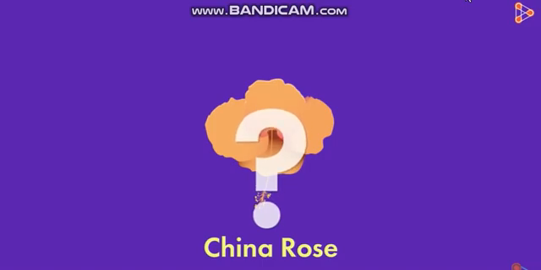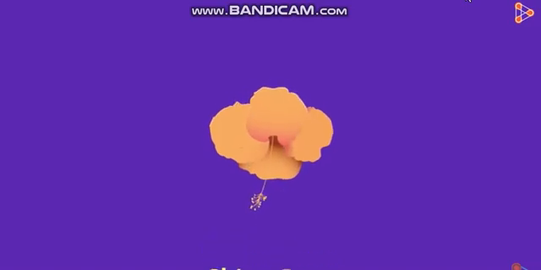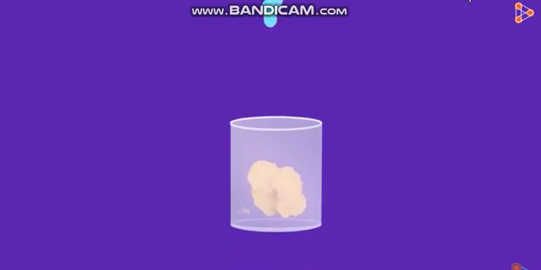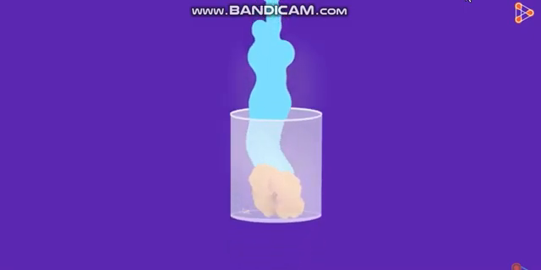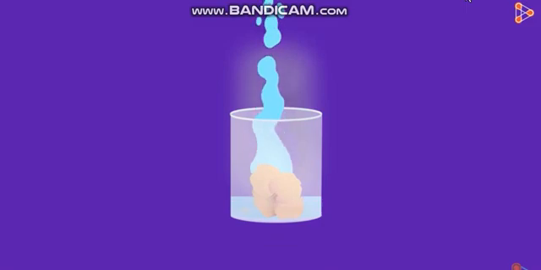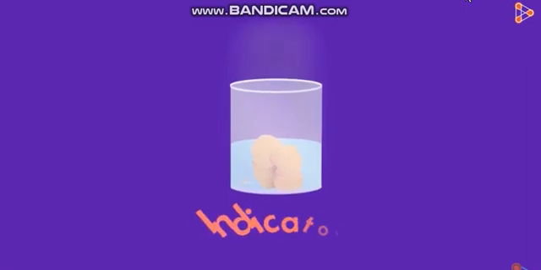It's very simple. All we have to do is add hot water to the petals of China rose in a beaker and let it rest for some time. The solution can be used as an indicator.